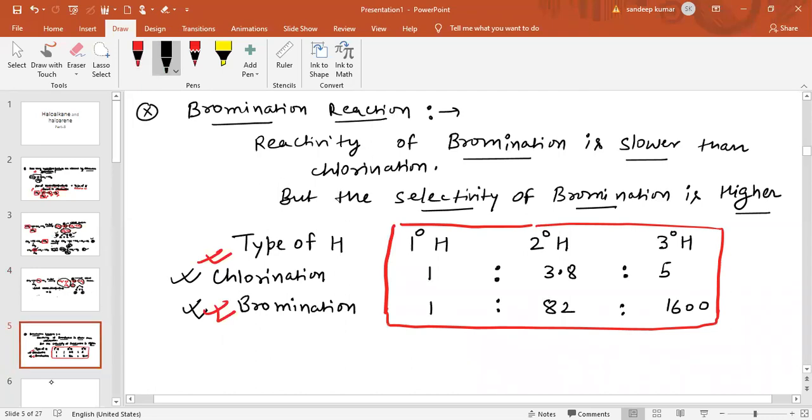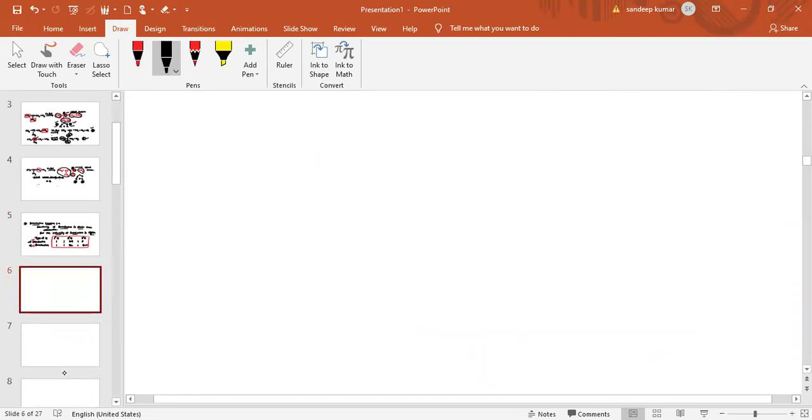Now see the reaction based on this. Let us discuss a question related to this. The compound given is CH3CH(CH3)CH3, and we are going to do the chlorination of this compound.